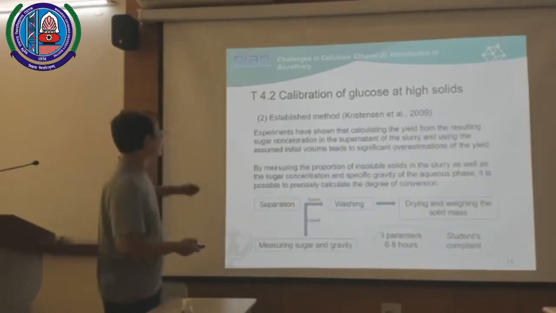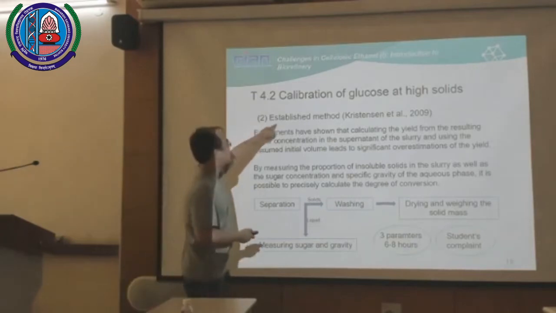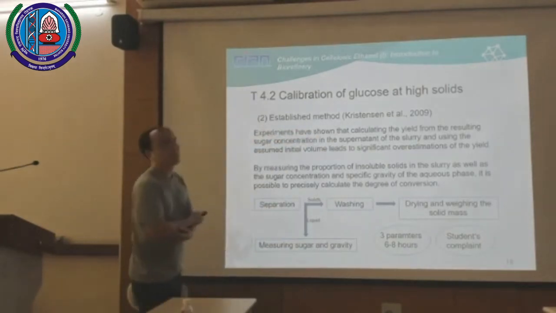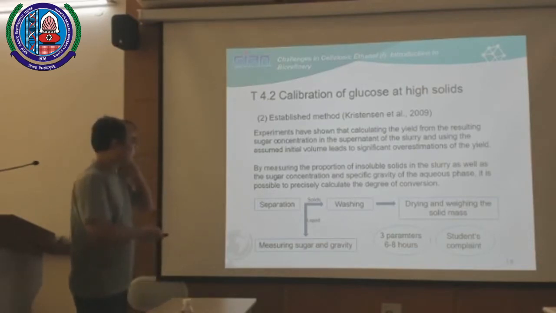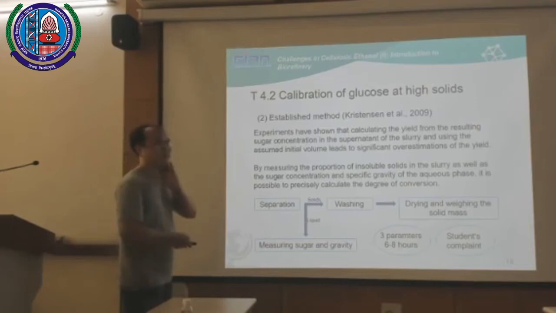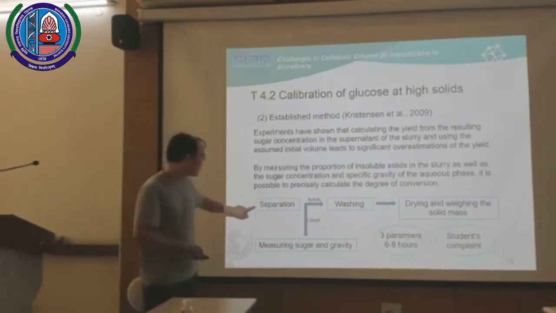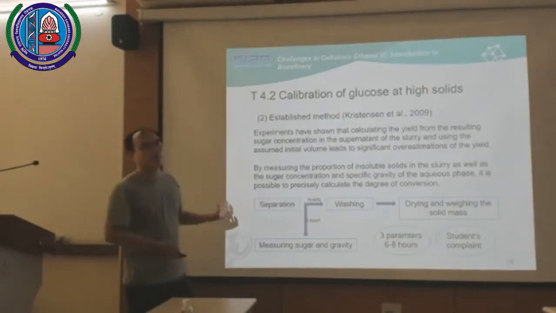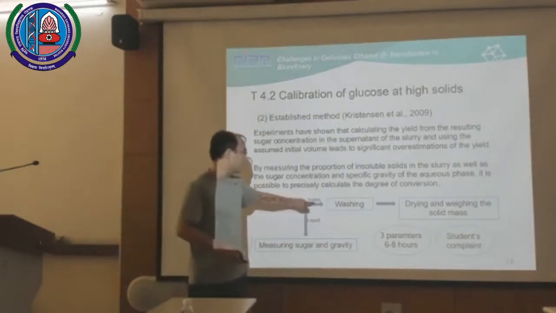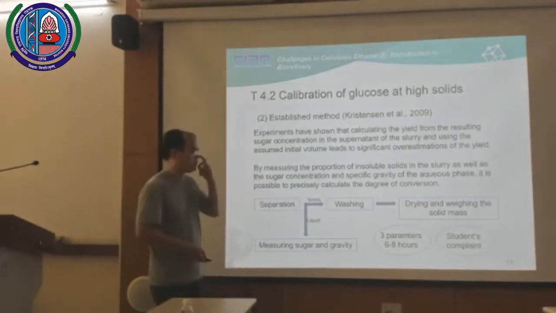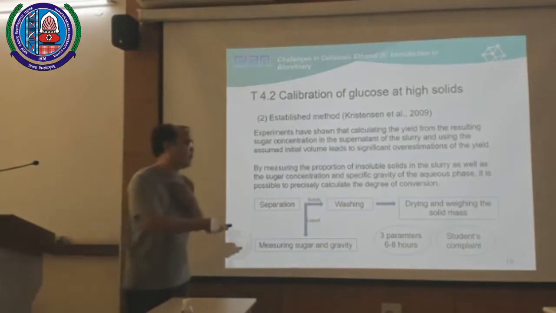I studied the well-established method from Christensen, who published a paper about 9 to 10 years ago. He did his research like this. First, he did the separate hydrolysis. Then he thoroughly washed the solid, dried it, and weighed the solid mass.